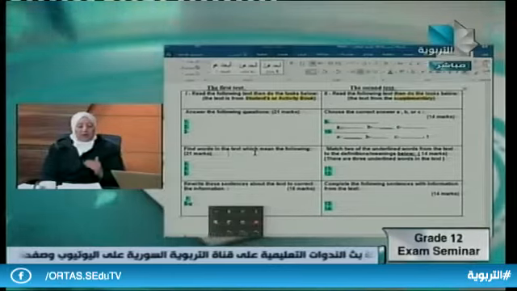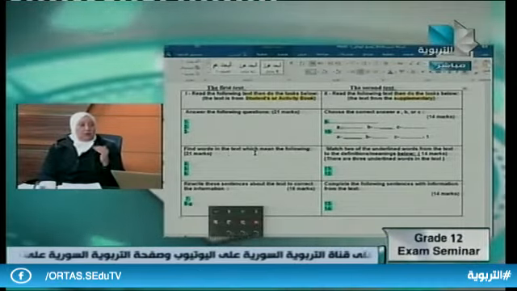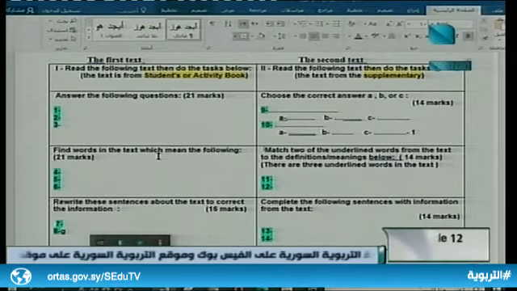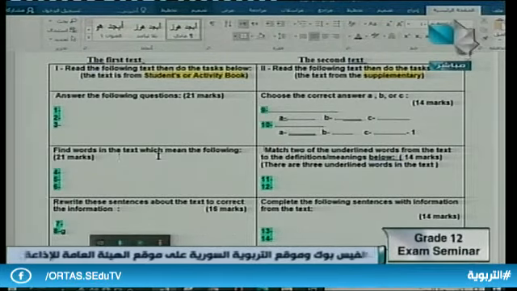Okay, so let us move to the second text. It's also comprehension, and the students will be asked to do 3 kinds of questions. This text is usually from the literary supplementary.